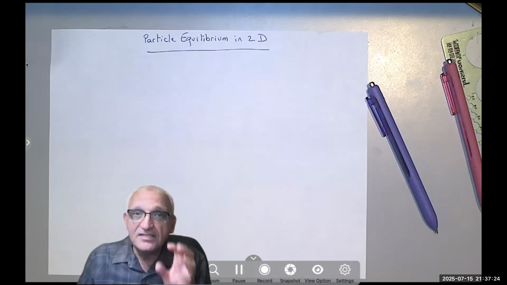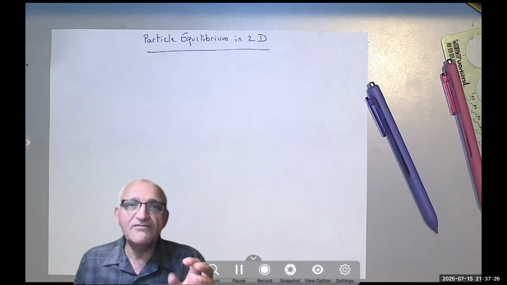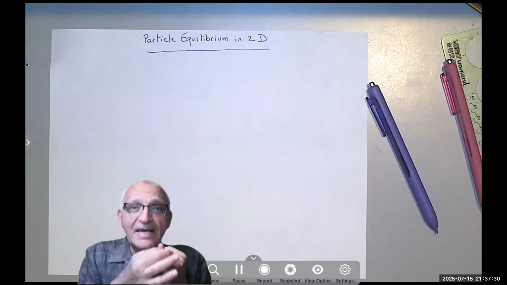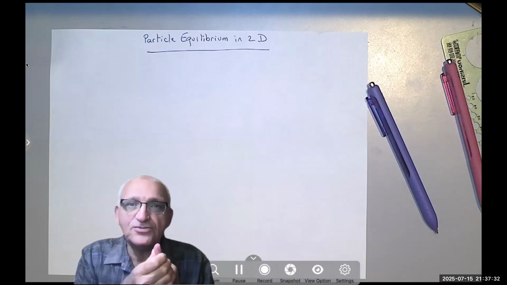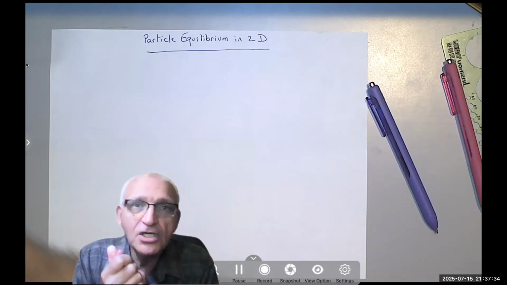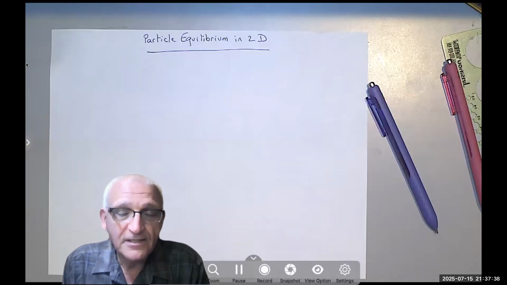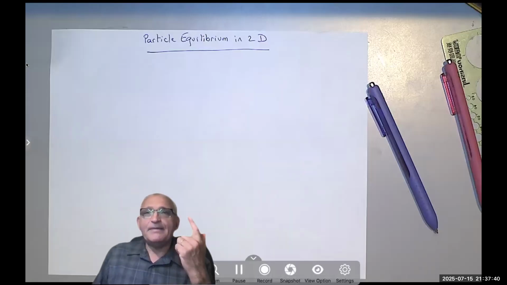Remember, velocity is a vector. A vector has a magnitude and it has a direction. As long as the magnitude as well as the direction are unchanged, we call that body in equilibrium. Okay? So think about it.